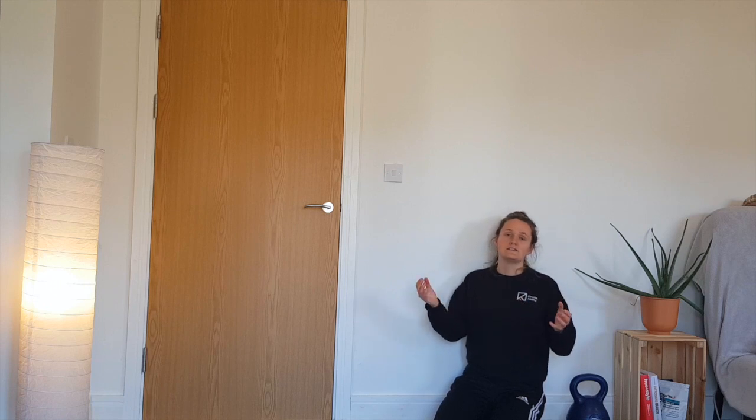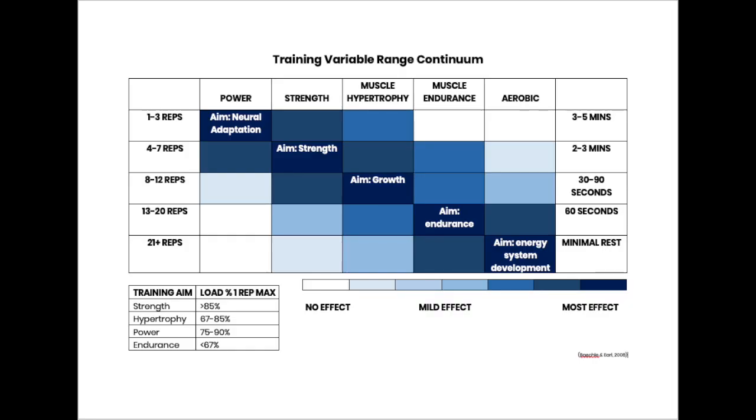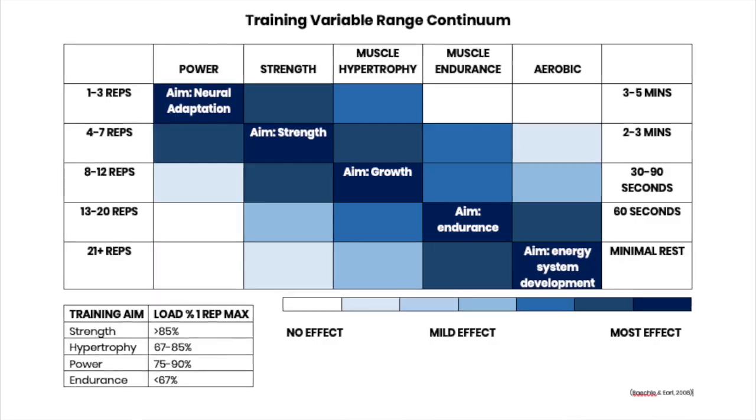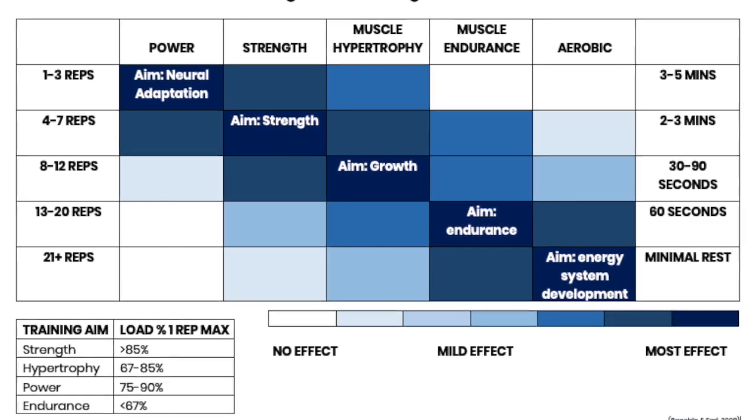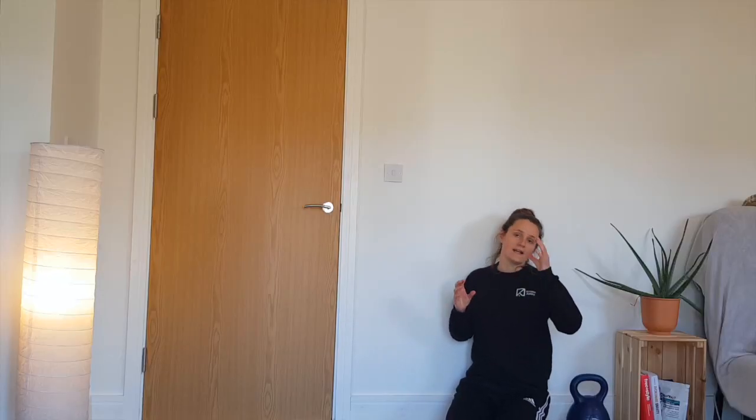Depending on how you manipulate those variables is going to give you a very different physiological training stimulus and adaptation. So our training aims ensure that we can achieve what we're setting out to achieve. As long as the training aim matches up with the training variables, we will get what we need, as long as it's applied.